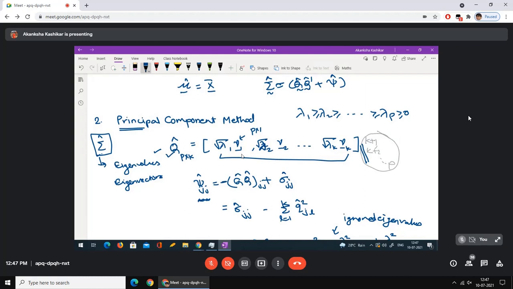Then I use entries from sigma hat and entries from Q hat to get an estimate for psi jj hat. Psi jj hat is obtained as sigma jj hat, which comes from sigma hat, minus the sum over L of Q jL hat squared, which comes from this Q hat. So I need both.